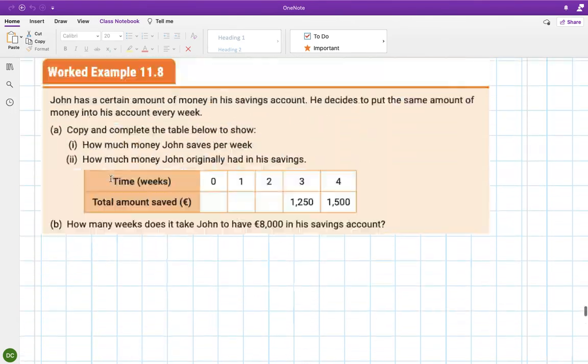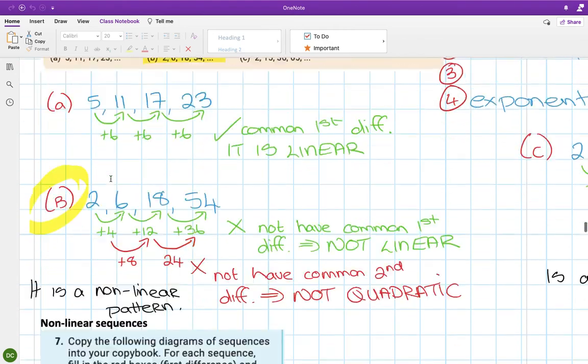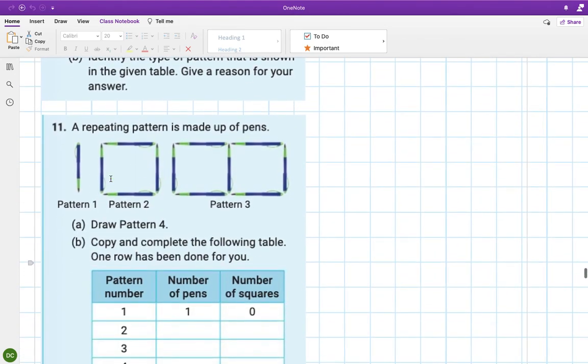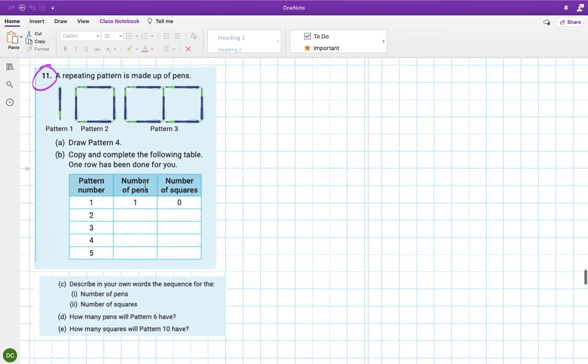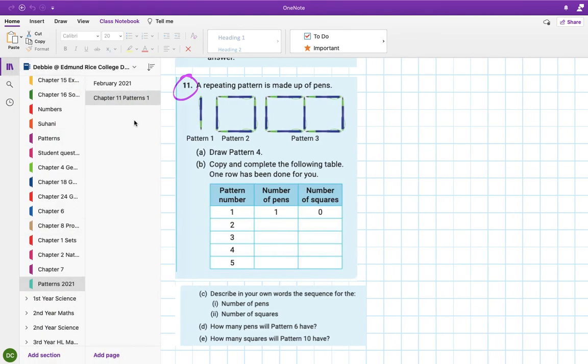Okay? Right, so for your homework, I wanted you to do another one of these ones up here. This one. Okay, so for your homework, I'm going to get you to do 11 here. Okay, hang on, I'm going to put these in as I am thinking of it. Homework.